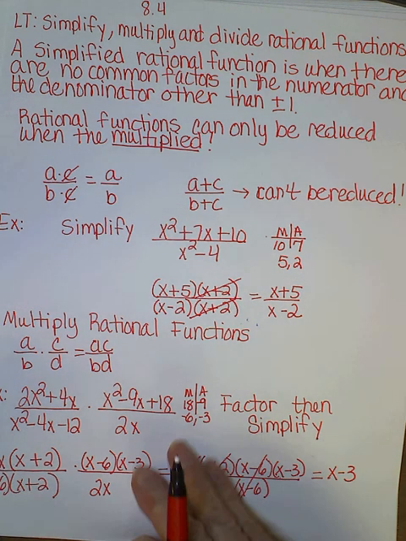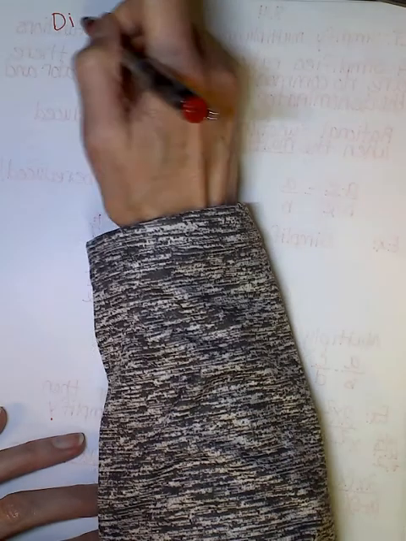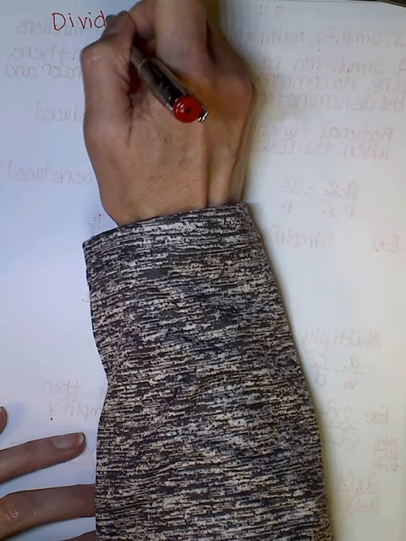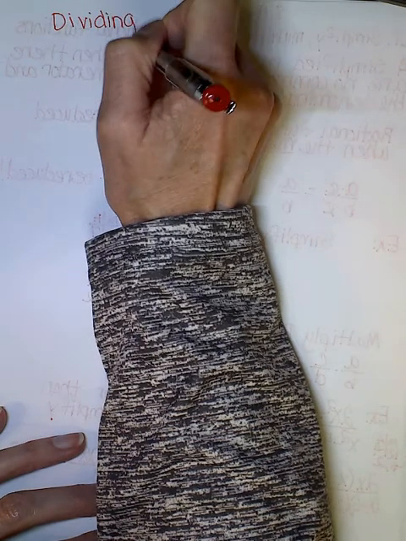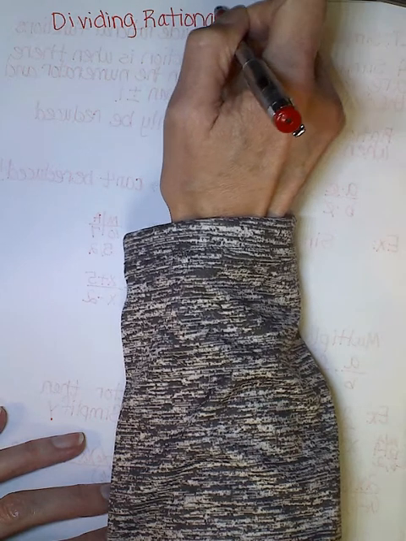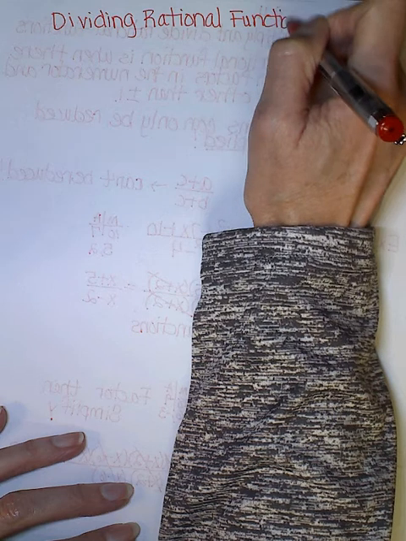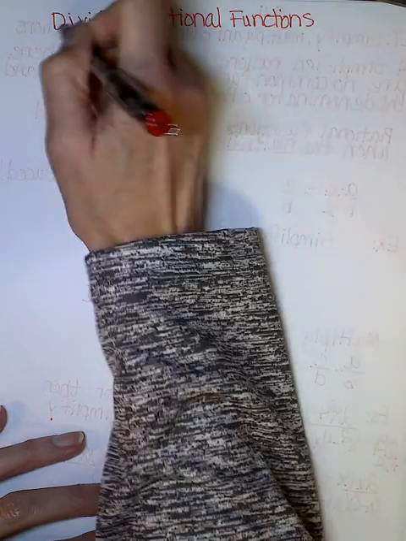Okay, now we need to divide. Our last part of this session in 8.4 is dividing rational functions. Okay, now you might remember this.